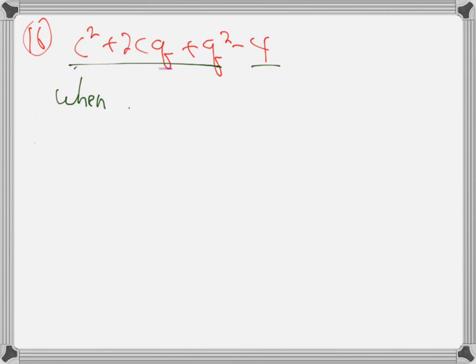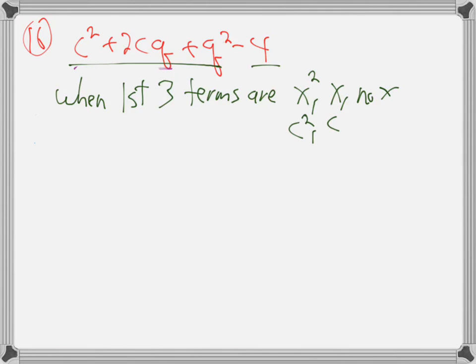Let's just say, when the first 3 terms are x squared, x, no x, or in this case, c squared, c, no c. See how it's c squared, c, and no c at all? When they follow that format, those 3 are saying we go well together. Keep us 3 together. We're a pattern. Don't do a 2-2. Keep us 3 together.